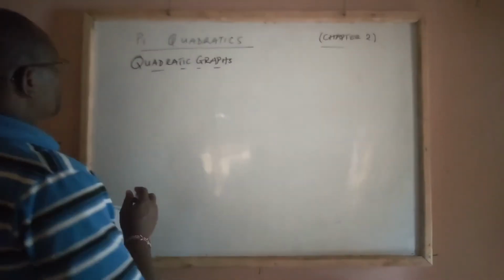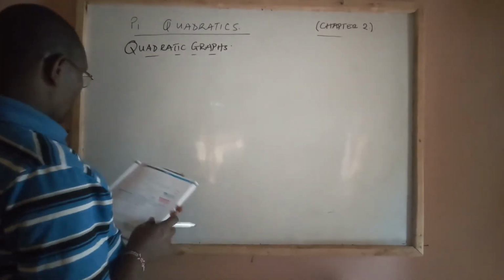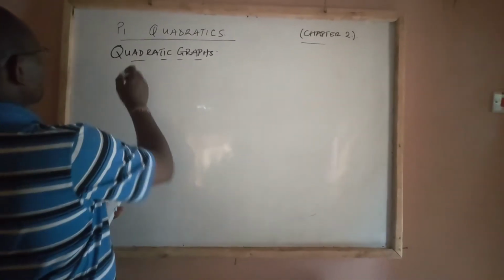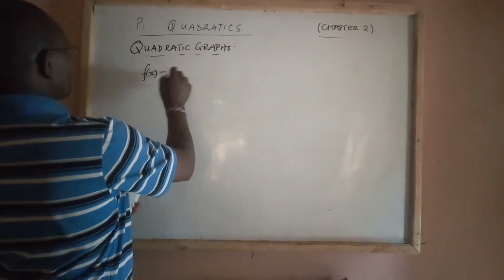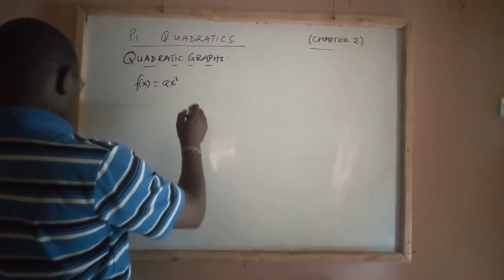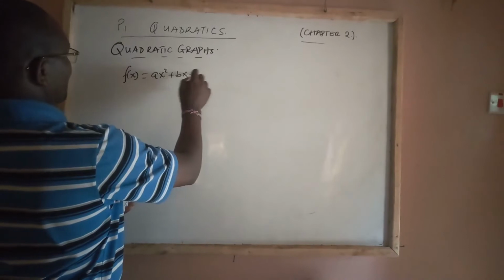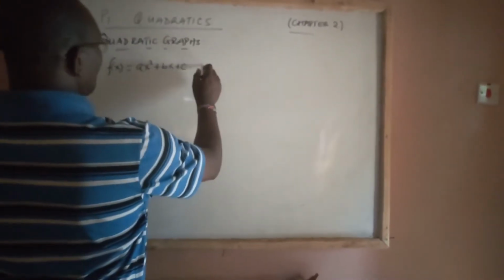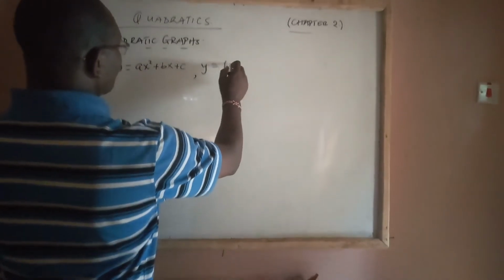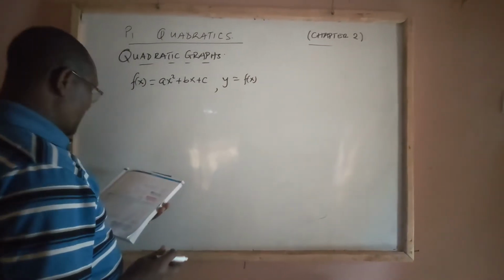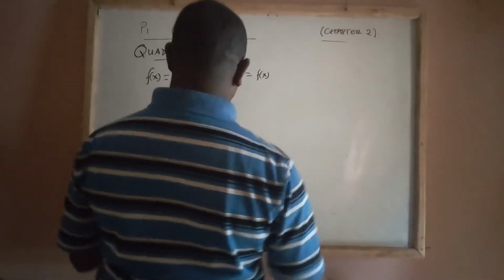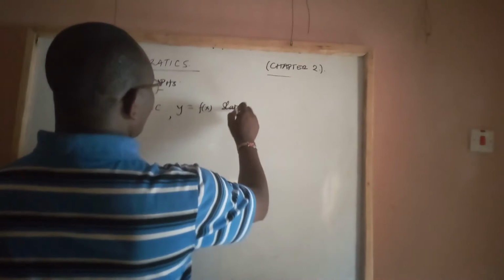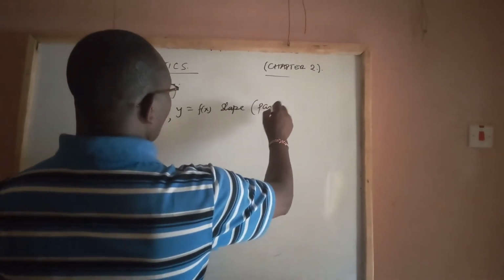Under 2.4, we are talking about quadratic graphs, and we are told that when f(x) is equal to ax squared plus bx plus c, the graph of y equals f(x) has a curved shape called a parabola.